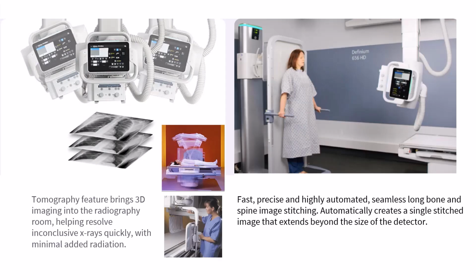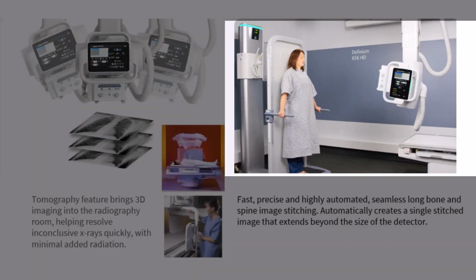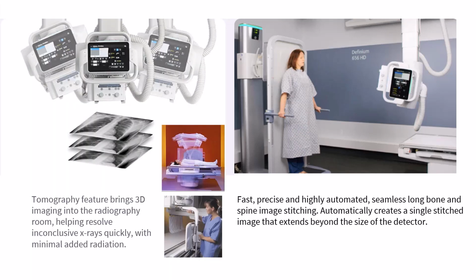There are different types of auto-positioning equipment available, including equipment that will do tomography and also orthopedics for long bone and spine imaging. The equipment will automatically position itself and take images as it scans along the patient's body for a complete spine series or long leg series, and then stitch the images together.